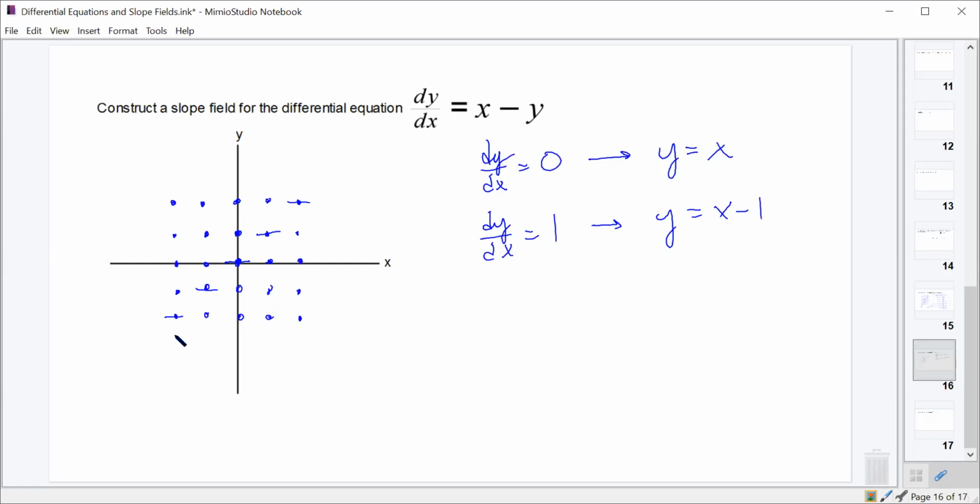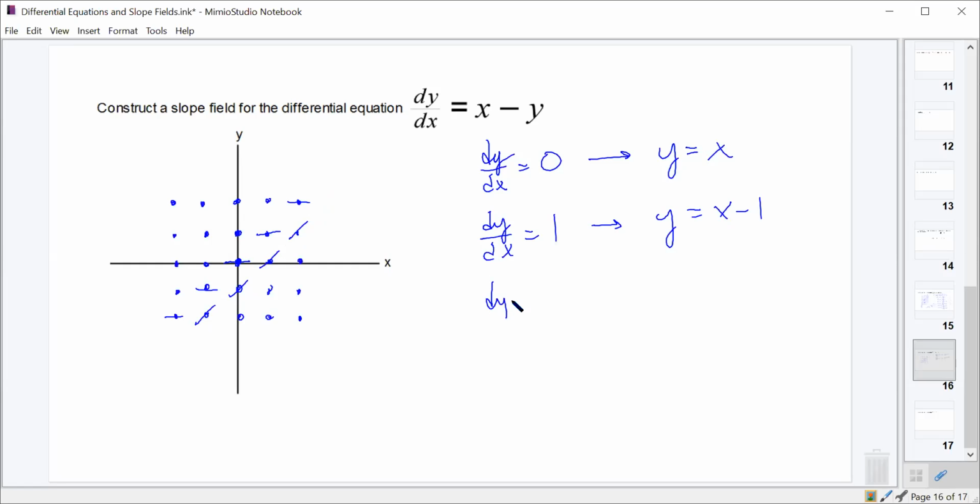We get y equals x minus 1. So anywhere along this line, the slopes are all 1. Everybody agree with that? Yeah. Okay.